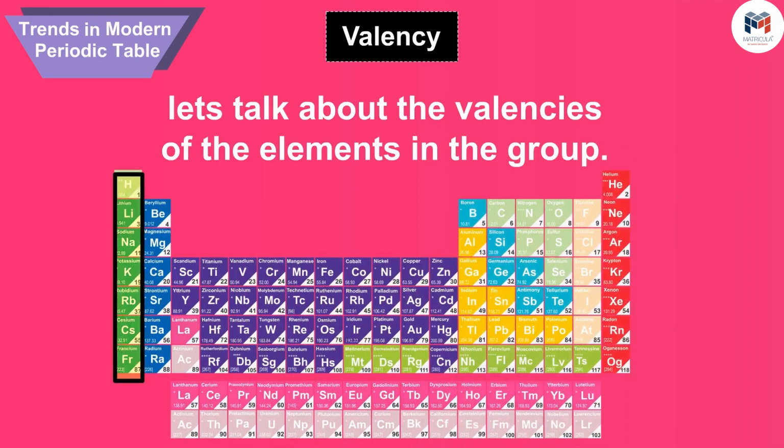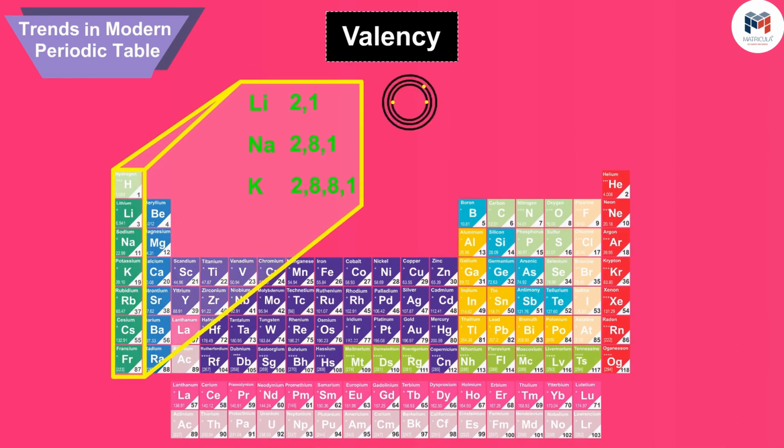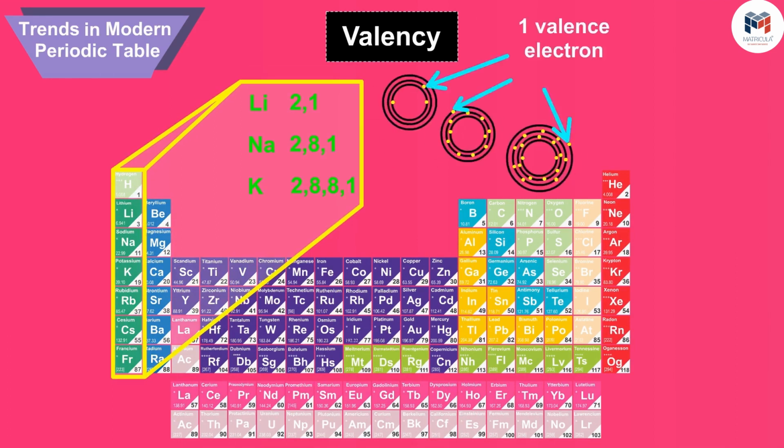All the elements of a group of the periodic table have the same number of valence electrons. For example, all the elements of group 1 of the periodic table like lithium, sodium and potassium have one valence electron in each of their atoms. The atoms of group 1 elements, lithium, sodium and potassium have one valence electron and therefore they have valency equal to 1.